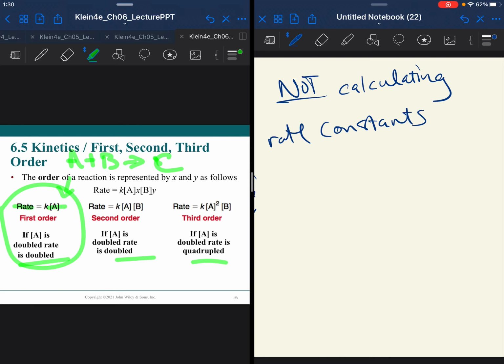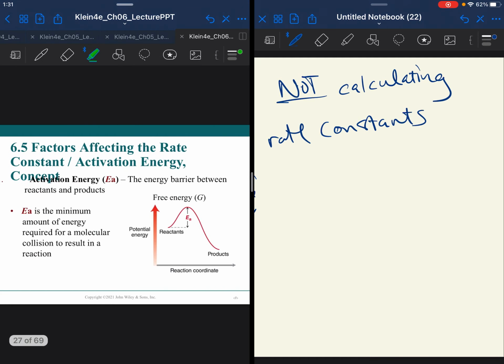The rate is only affected by A, as opposed to the second and third order ones where both A and B are important. This is really helpful information for figuring out how a reaction goes forward. Again, we're going to see these over and over again.